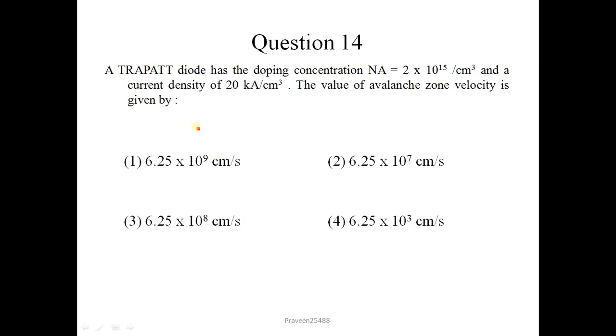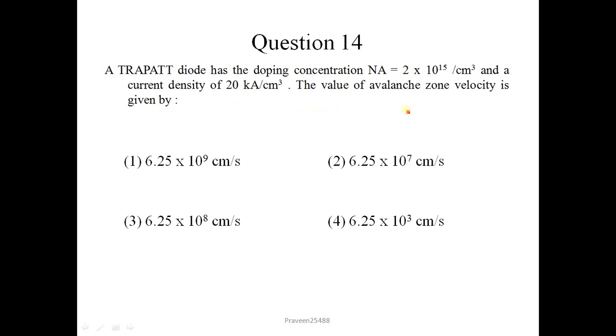Next question is question number 14. A TRAPATT diode has the doping concentration Na equal to 2 into 10 to the power 15 per centimeter cube and a current density of 20 kiloampere per centimeter cube. The value of avalanche zone velocity is given by.